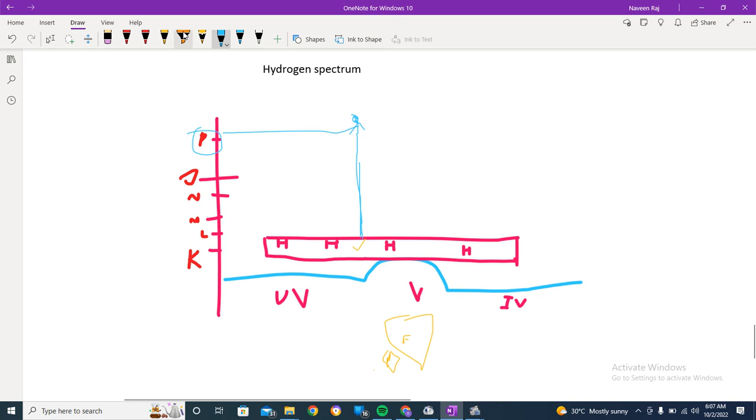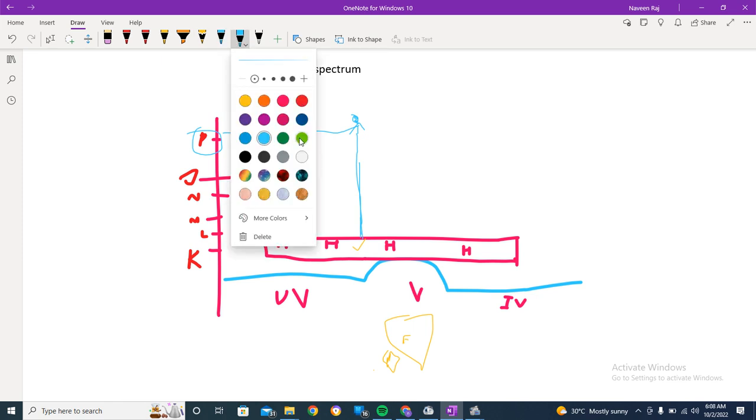And we noticed, as Bohr has said, that when they get excited, they come back into their ground state. When they wish to become stable, they come down like this.